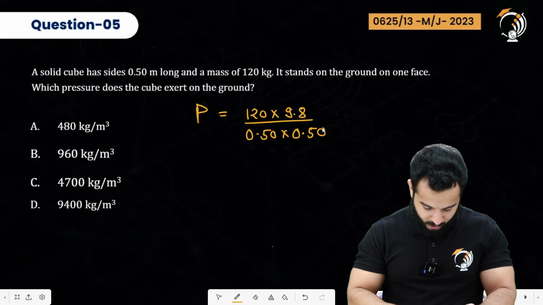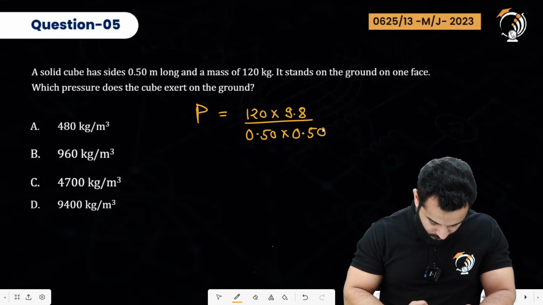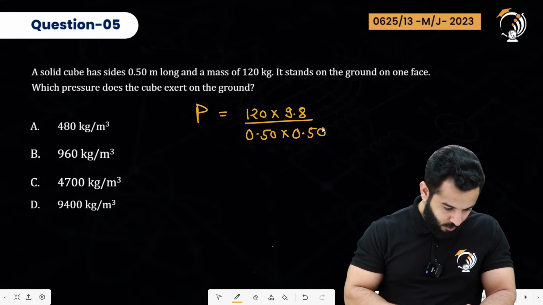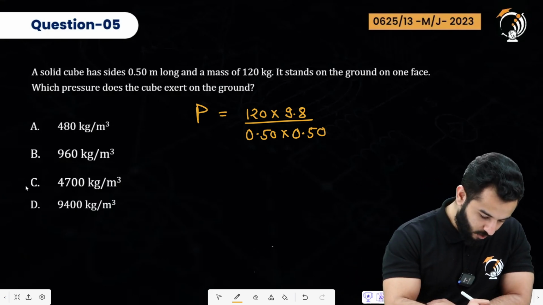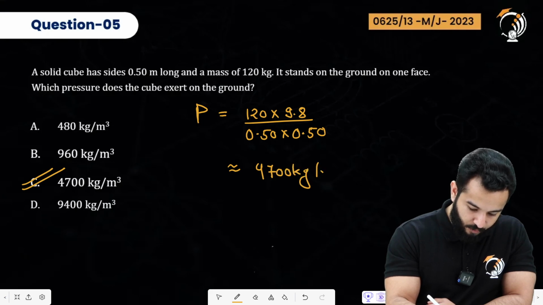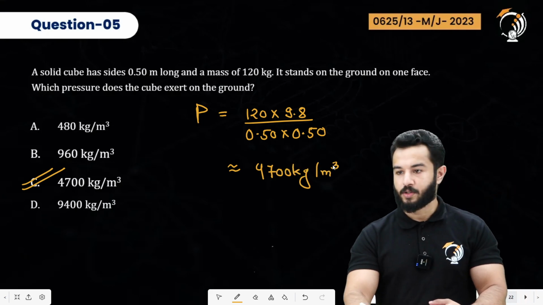So this is going to be around 470, which will be rounded to 4700 kg per meter cube. This is going to be the correct answer.